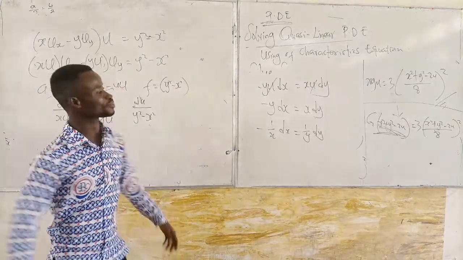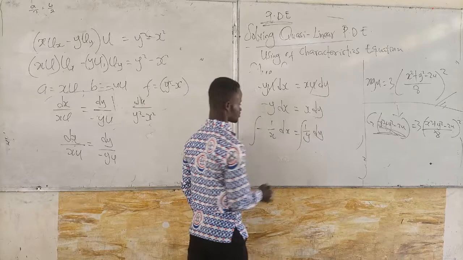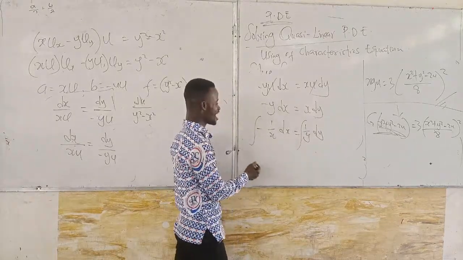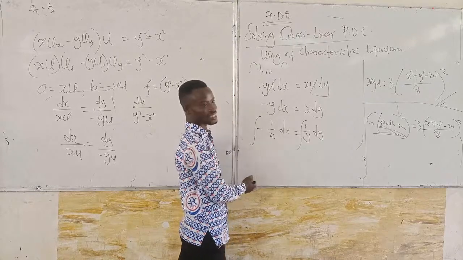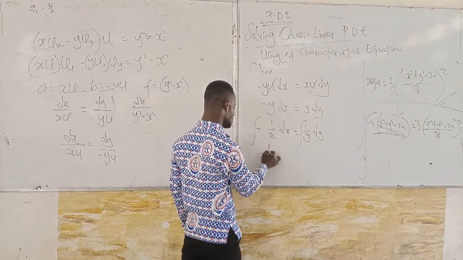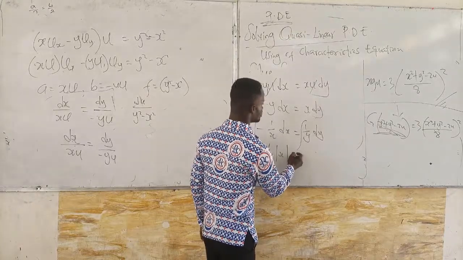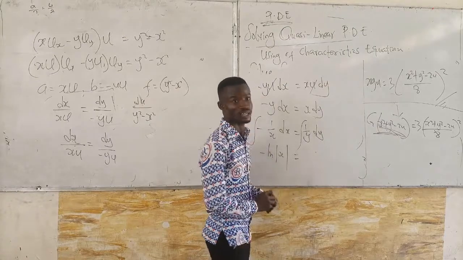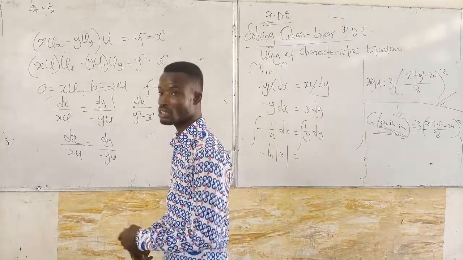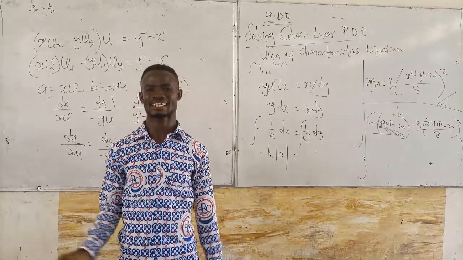Let's get the concept. So yeah, you guys see it. Negative x. You can negative both sides.